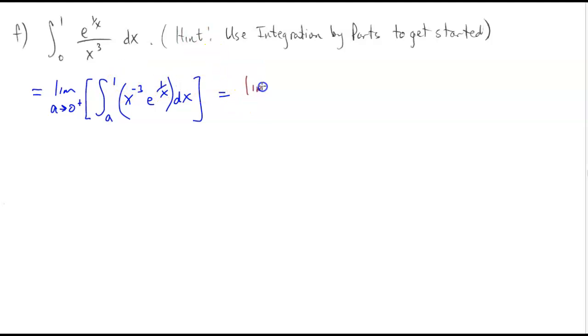So I'm going to have the limit as a approaches 0 from the right, and here I'm going to break this up like this: x raised to the minus 1 times x raised to the minus 2 times e raised to the x raised to the minus 1, all that dx. Okay?